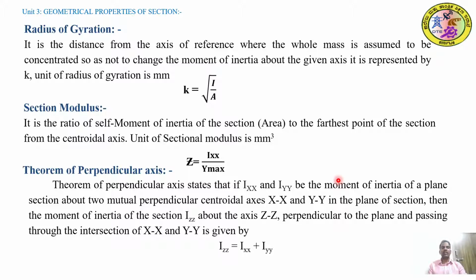Let's move on to the theorem of perpendicular axis. It states that if Ixx and Iyy are the moments of inertia about two mutually perpendicular centroidal axes xx and yy in the plane of a section, then the moment of inertia Izz about the zz axis, which is perpendicular to the plane and passing through the intersection of the xx and yy axes, is given by Izz equal to Ixx plus Iyy.